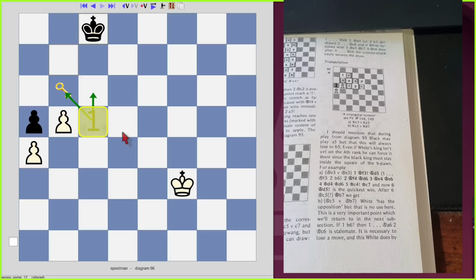I mean, c6 could probably be considered a key square as well. So that's what Black has to put up with. And if Black is on that c7 square, you can see the problem with that is that White will push his pawn with check and then run across and pick up the a pawn. So that ain't going to work either.